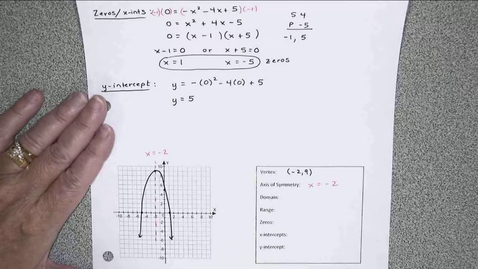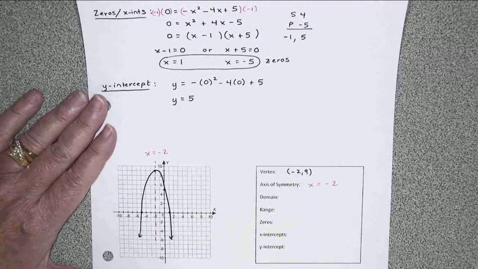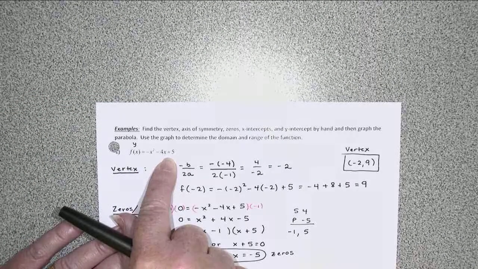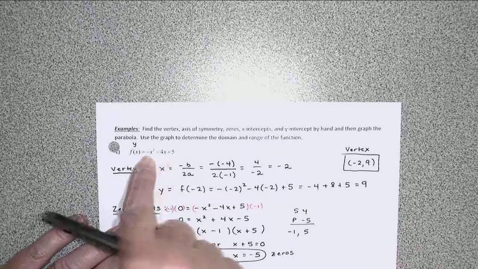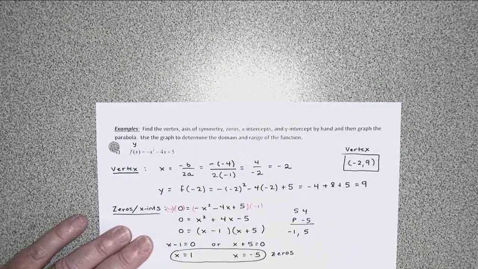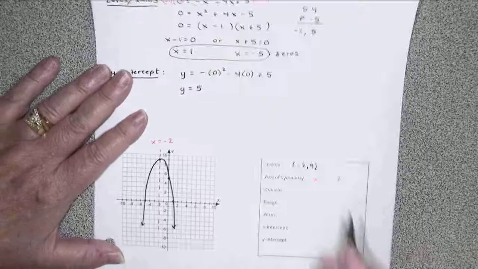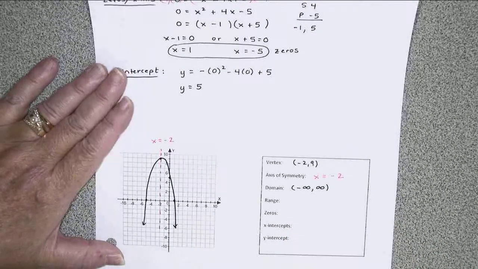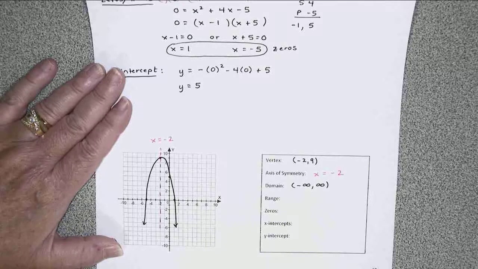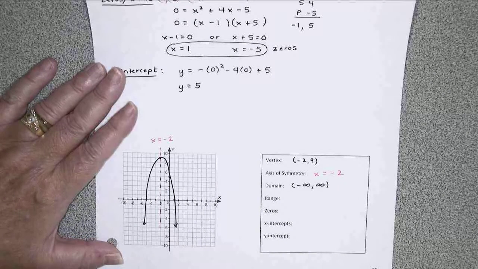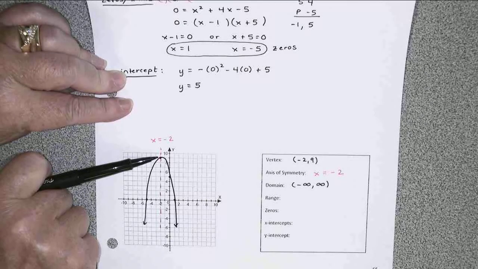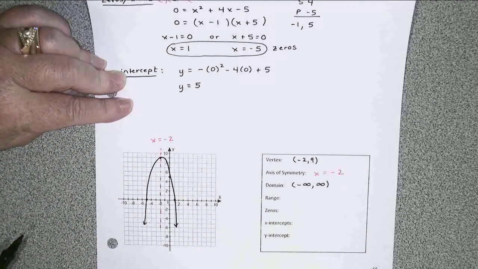The domain for a quadratic function is always going to be all real numbers. We can substitute any x value we want, right? I could put in any x value, positive, negative, 0, fractions, decimals, doesn't matter. I can calculate for any x value at all. So I'm going to write that in interval notation as negative infinity to infinity. The range, however, notice there are no y values that go above 9. 9 is the biggest y value.